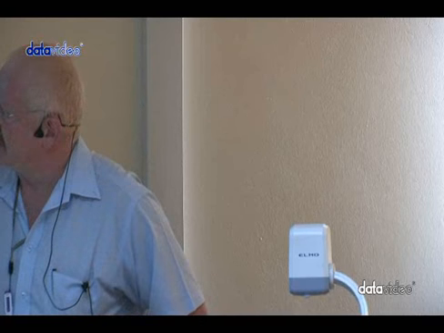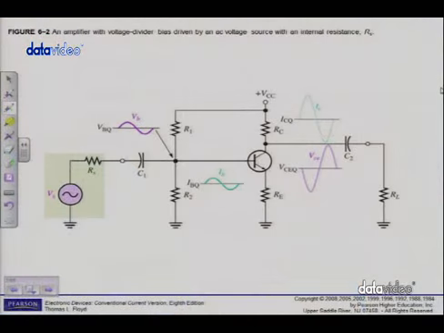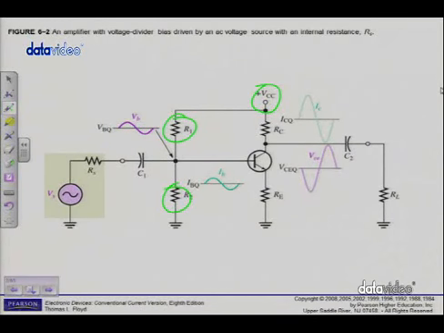What type of biasing is used in the specific circuit? Voltage divider bias. I can see that clearly because there's my supply, there's R1, R2 that is providing my voltage divider bias so that I can get a certain VB here, which will also, of course, give me my IBQ.